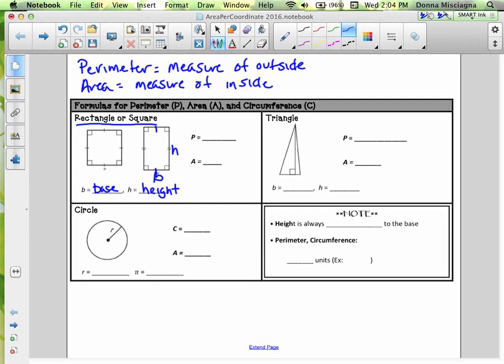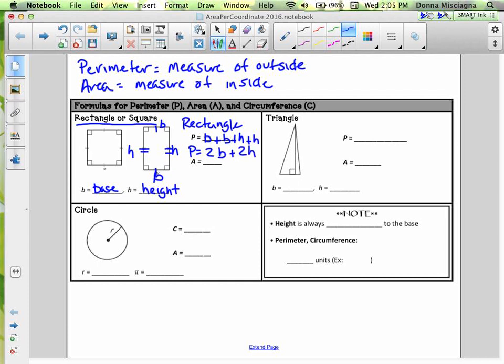To find the perimeter of the rectangle, notice that these two are the same and these two are the same. So I could say that the perimeter is this B here plus the other B, which is exactly the same, and one H plus the other H. Or I could just say, well, there's two of them. 2 times the base plus 2 times the height.